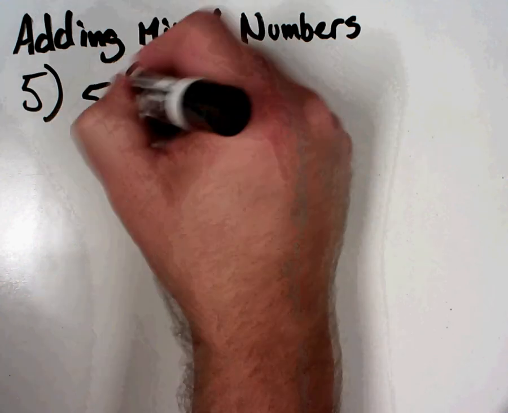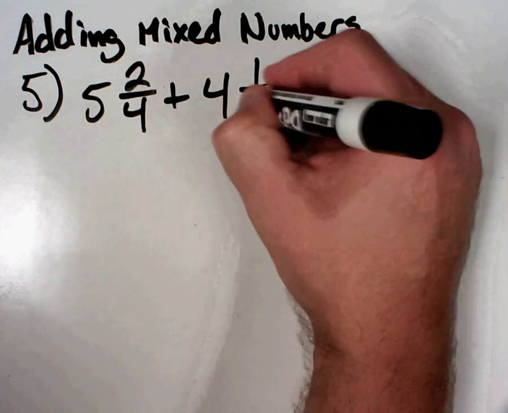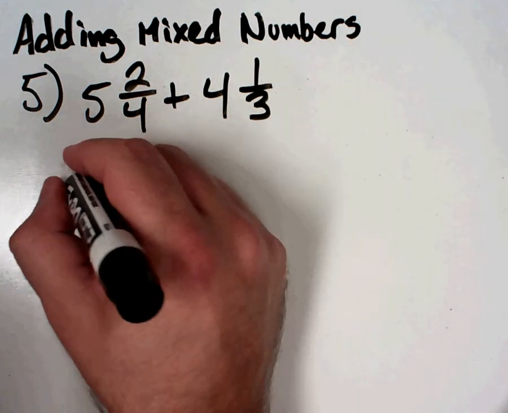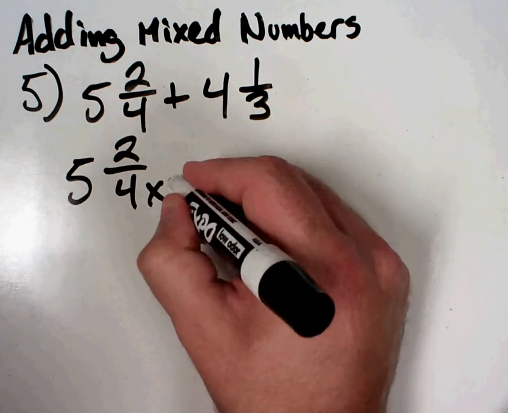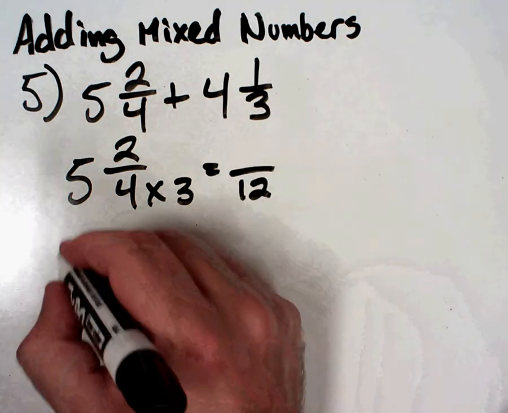Number 5 is 5 and 2/4 plus 4 and 1/3. Once again, I'm going to multiply my denominators to give me a common denominator of 12.